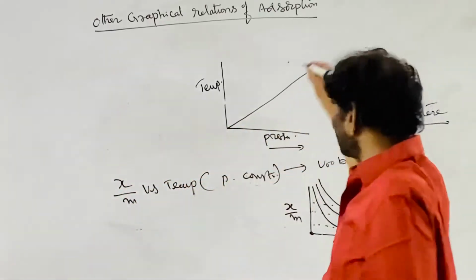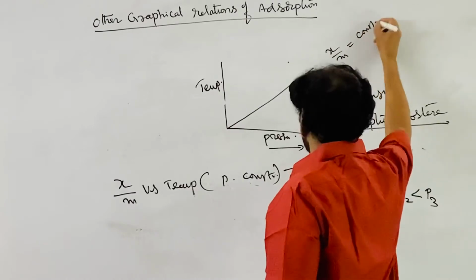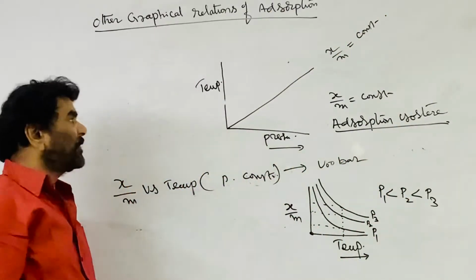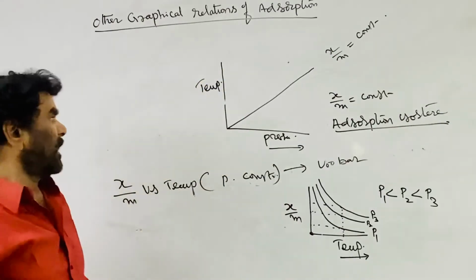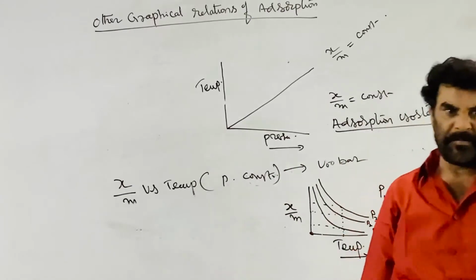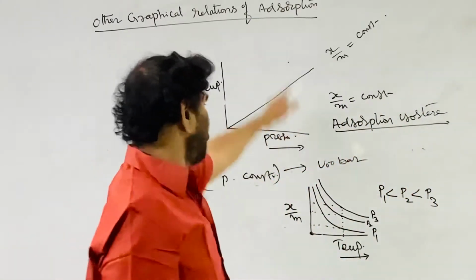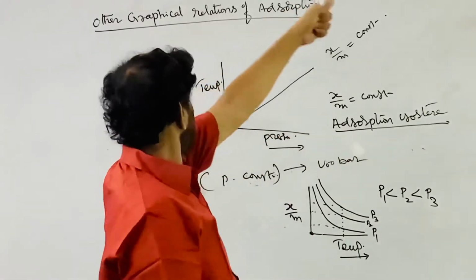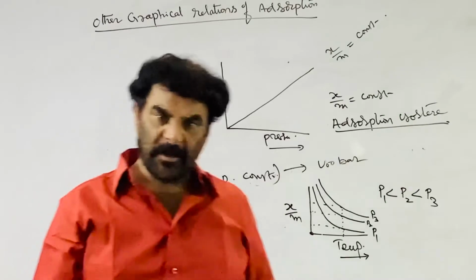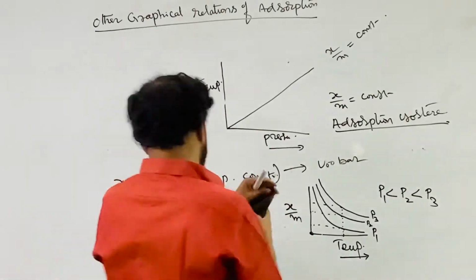X by m is constant. So this is called the adsorption isosteric. See, these are the different graphs involved in adsorption: adsorption isotherms, adsorption isobars, adsorption isosteric.